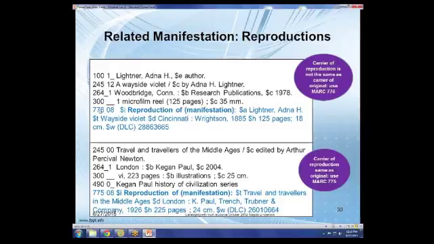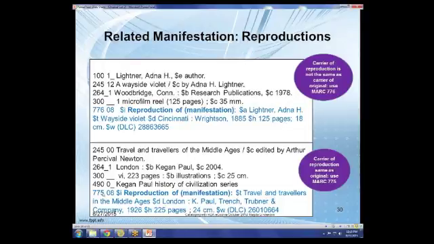So here in field 776, we have the text reproduction of manifestation, and then it has the publication information for said book, including what you would find in field 260 or 264, the place of publication, date of publication, publisher's name, and then we have the physical description of the original.